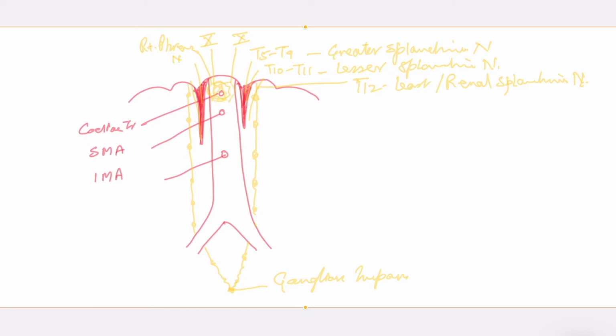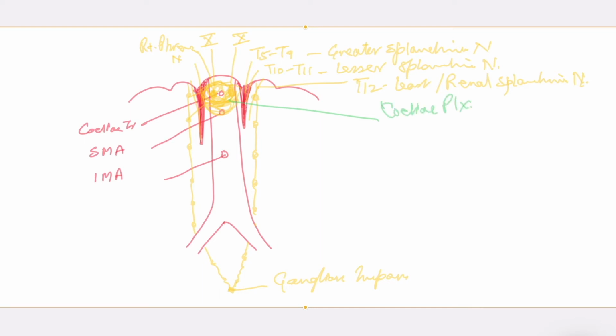They participate here in an anastomosis and form a plexus around here that includes two ganglia on the sides of the celiac trunk. This plexus also has contributions from the L1 and L2 segments of the sympathetic chain, and that forms this celiac plexus.